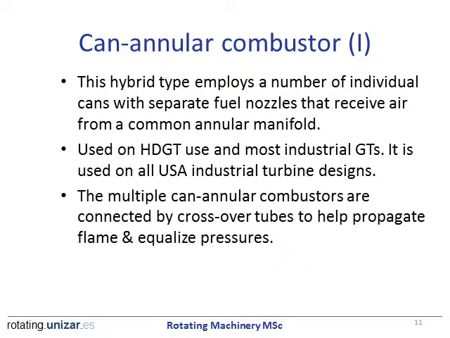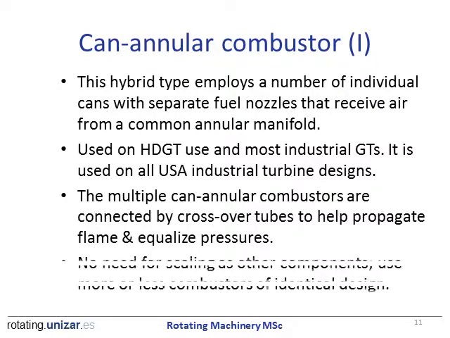And because we have multiple can annular combustors, they are connected by crossover tubes to help propagate flame and equalize pressures. And there is no need for scaling as with other components. If you're making a smaller gas turbine, you can use fewer combustors of identical design.